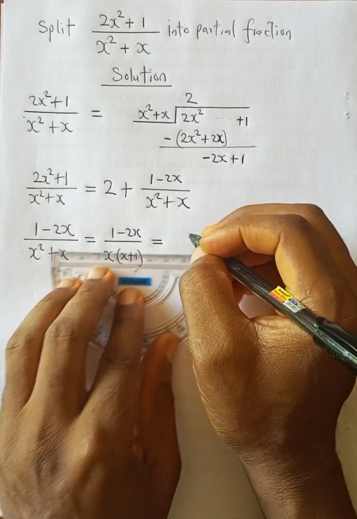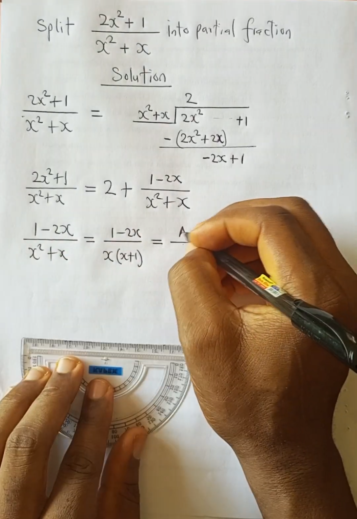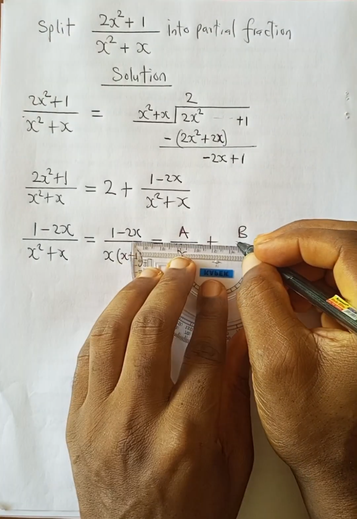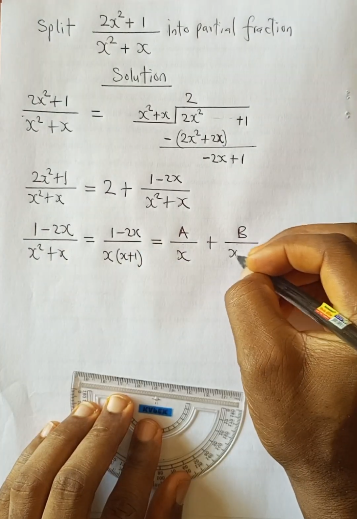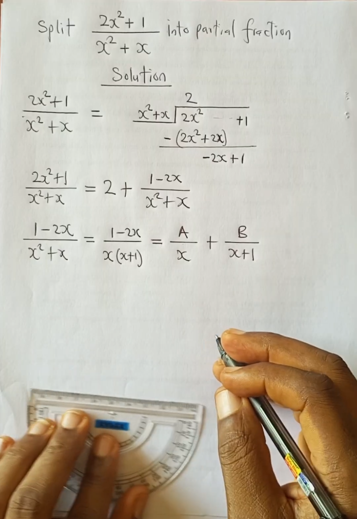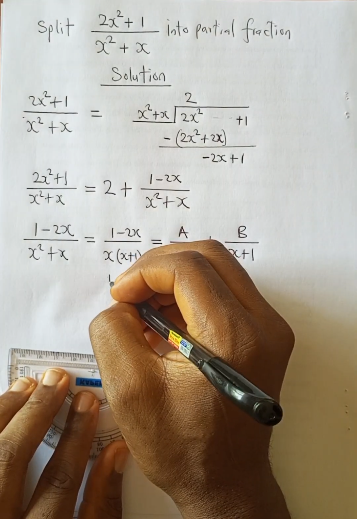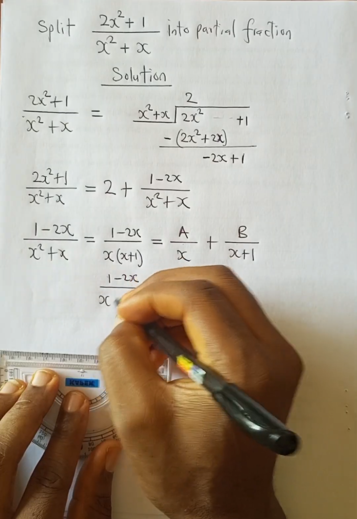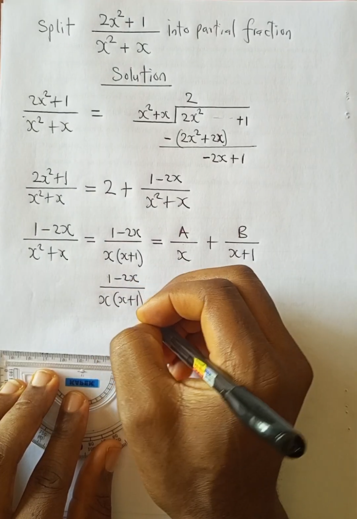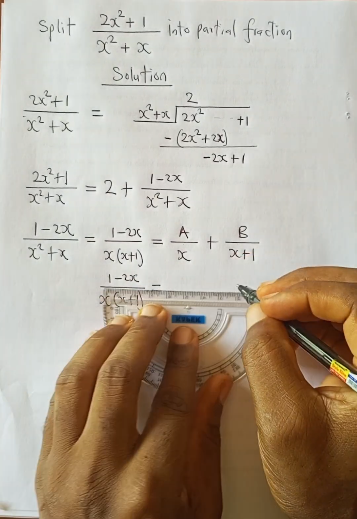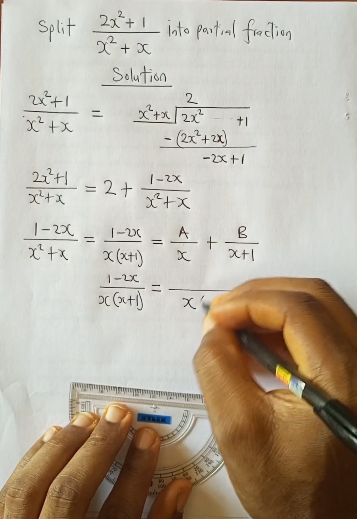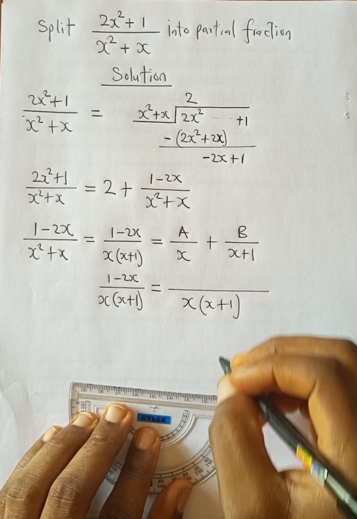So this one means that a over what? s plus b over what? s plus 1. So from here, 1 minus 2s over s bracket s plus 1 is equal to, when you find the LCM here, we'll get s bracket s plus 1.